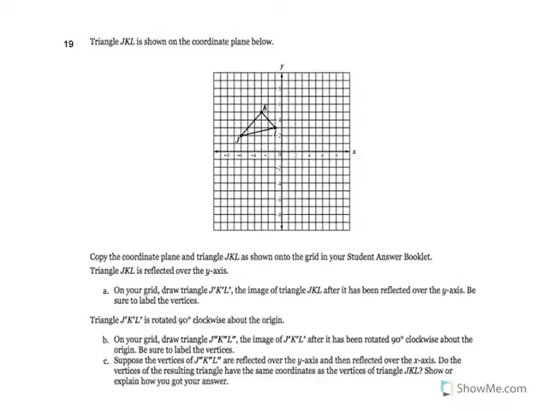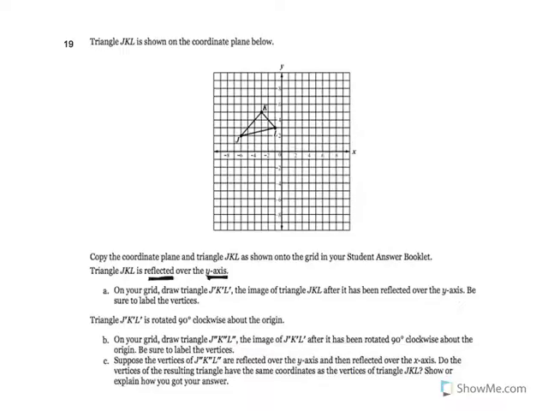Here we have triangle JKL. It's shown on the coordinate plane below. The question says, copy the coordinate plane and triangle JKL as shown onto the grid in your student answer booklet. Okay, that's for MCAS. The first thing we have to do, triangle JKL is reflected over the y-axis. As soon as you see the word reflected, you know that you need to find the boss.